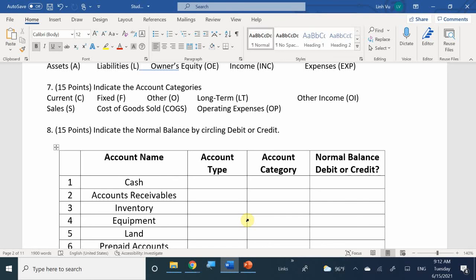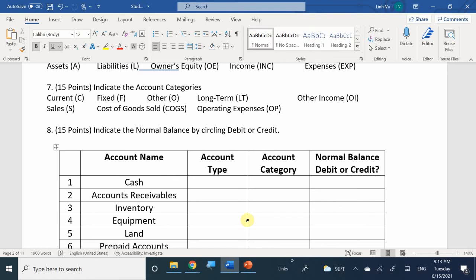Or it could be a liability, current, debit. Or it could be an expense, operating, debit. Okay? So that's how it's going to be. I pretty much give you the choices you can choose from. So out of the four choices, which one best describes the account?